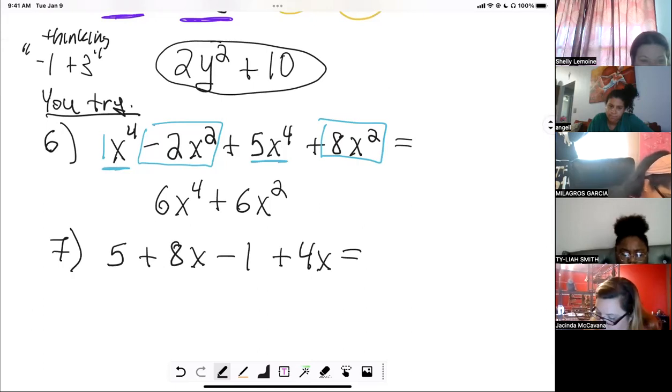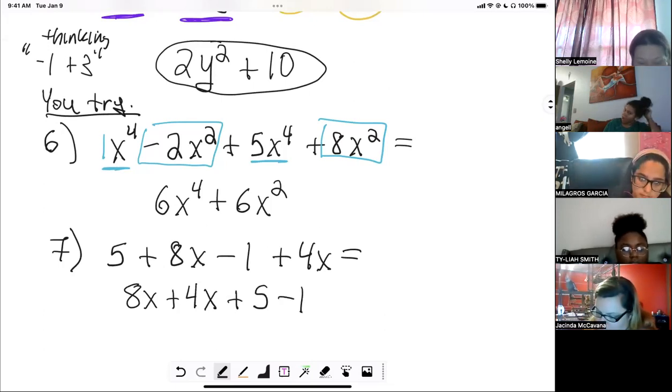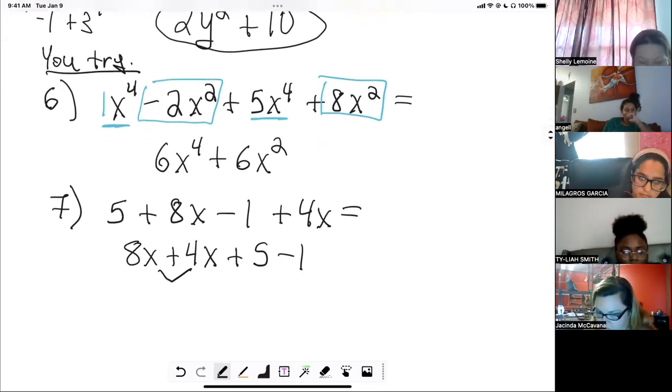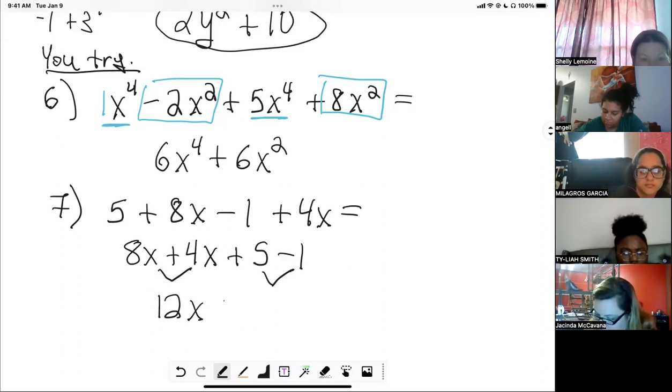And this time I'll use the other technique that I showed you, because again, you have to find which one you like the best. I'm going to put the x's together and then I'm going to put the numbers together. So I can combine these first, then I'll combine these second. So 8 plus 4 is 12. There's 12x, and then 5 minus 1 is positive 4, plus 4.